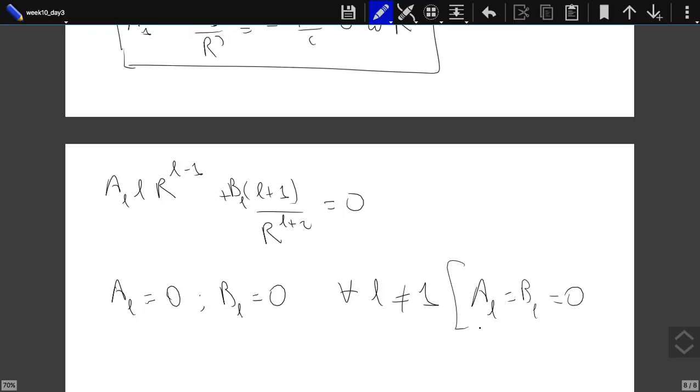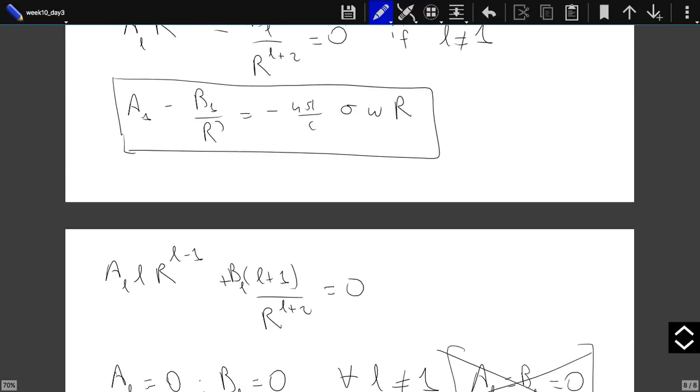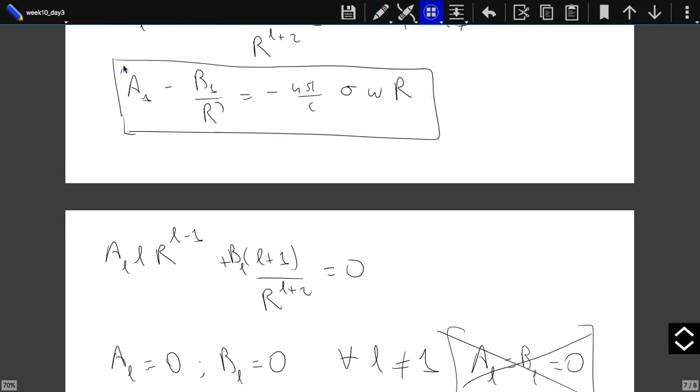That's why I just erased it. These things have units, and A L and B L have different units. So A L cannot be equal to B L, even if both are 0. That's a 0 with units. So let's solve for what they are for L equal to 1. On one hand, we have this condition.